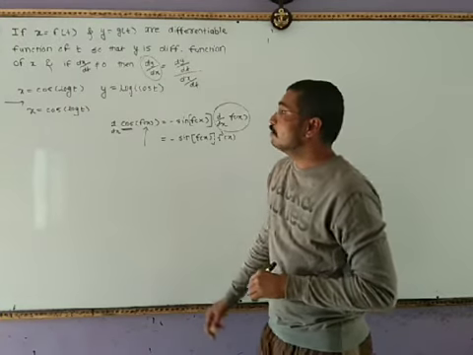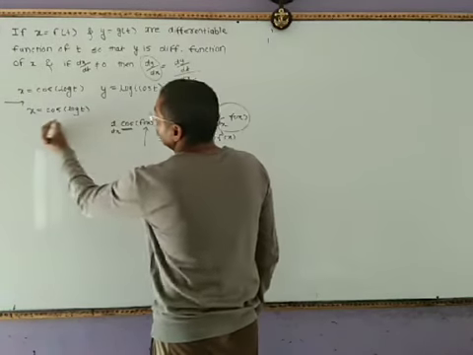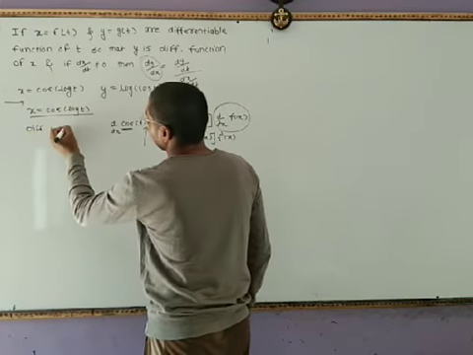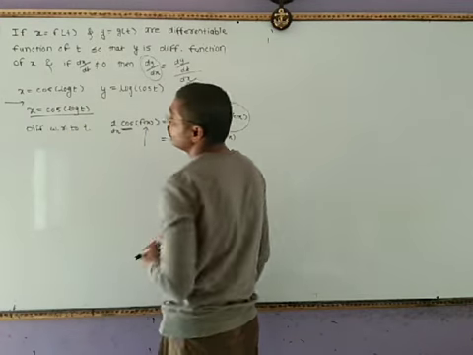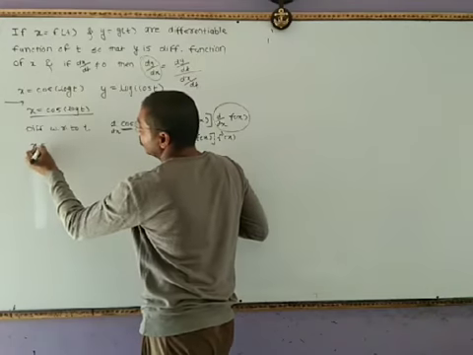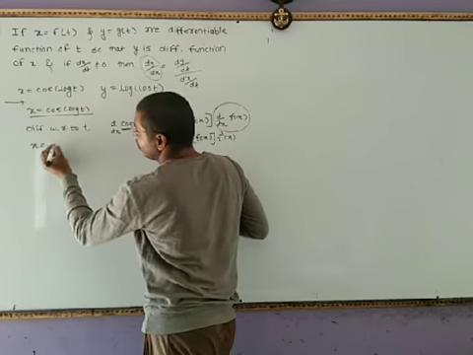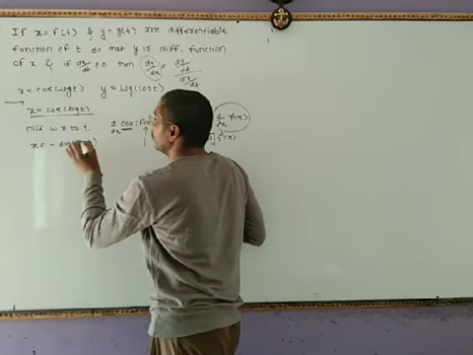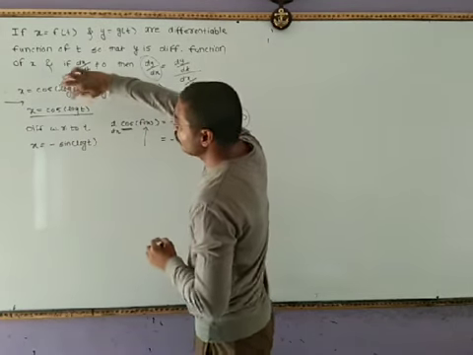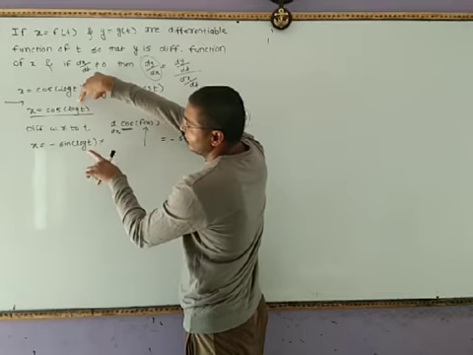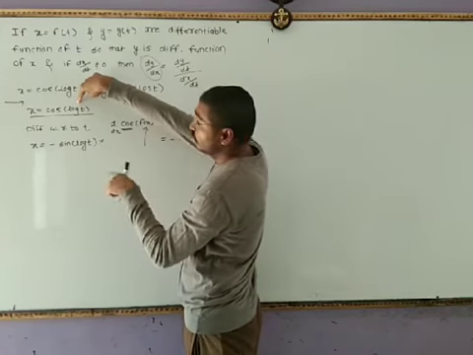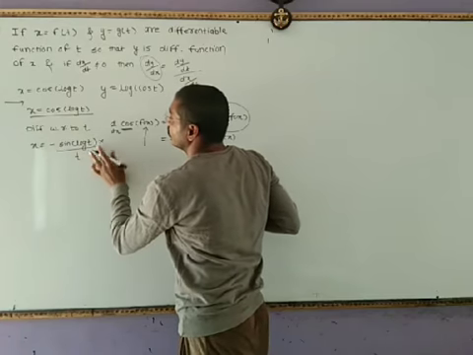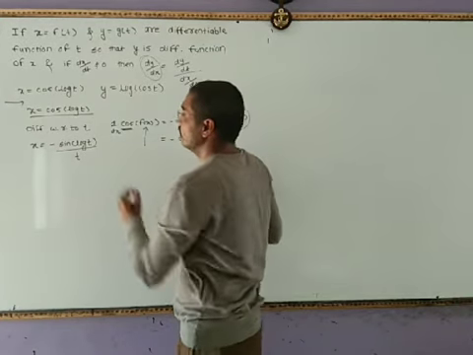Differentiate with respect to t: dx by dt is minus sin of log t into the derivative of log t. The derivative of log t is 1 by t. It is equation first.